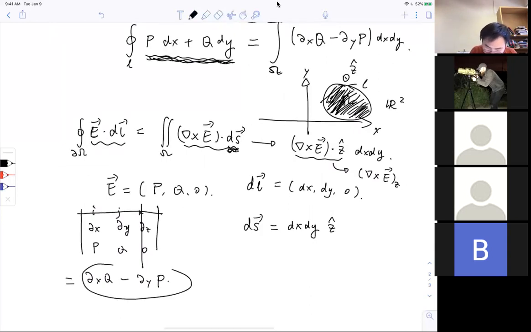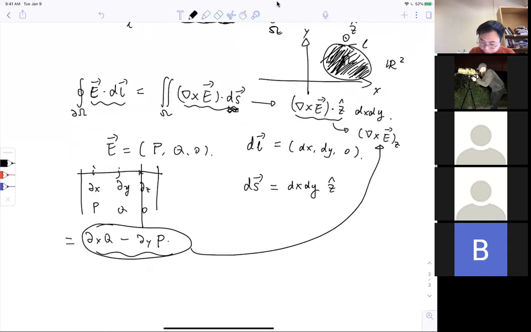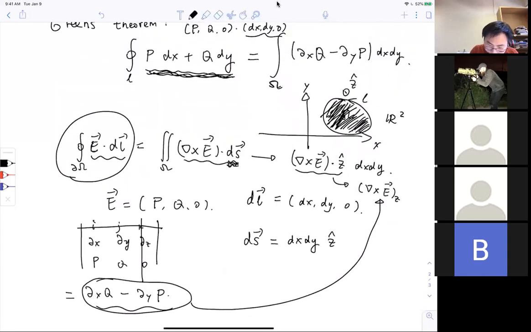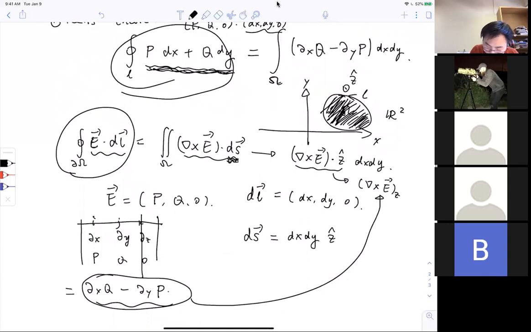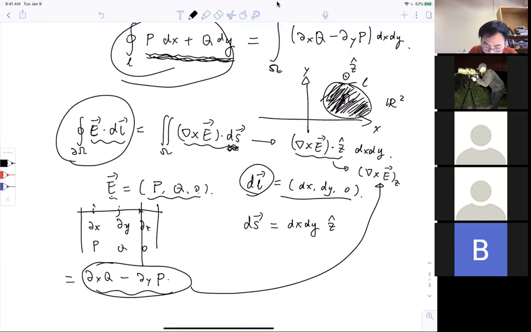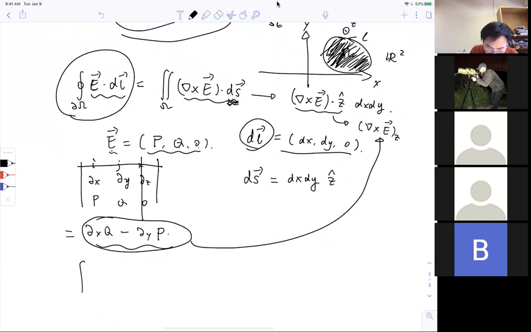So you plug this result into here. On the left hand side, you have this guy, because you identify this E with this PQ0, and this dl is this guy. Your dot E with dl is nothing but P dx plus Q dy, right?